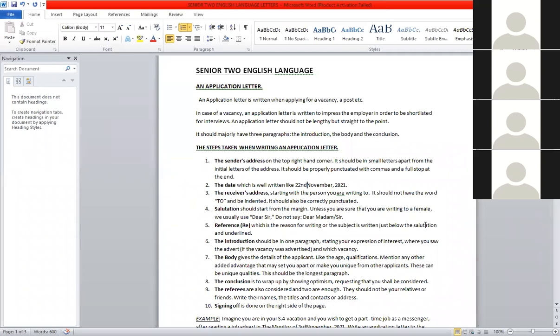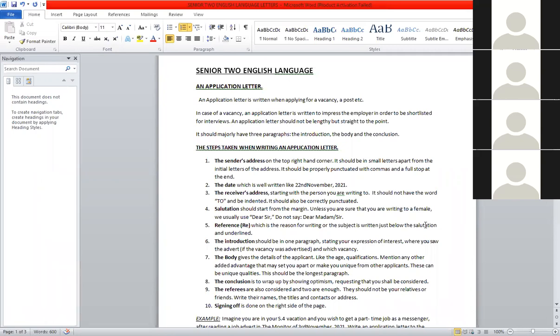Then we shall have the reference. These are the things we've been looking at, but we shall re-emphasize them so that you do revision. So we shall have the reference, and the reference is the reason why you are writing. Why are you writing?